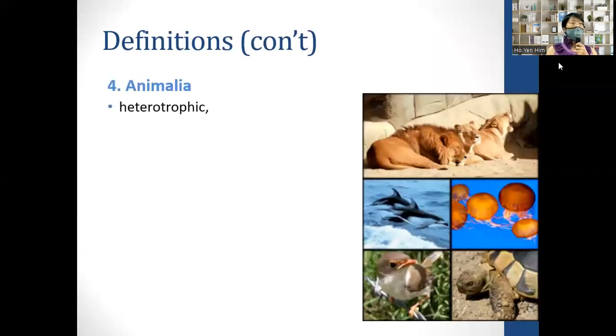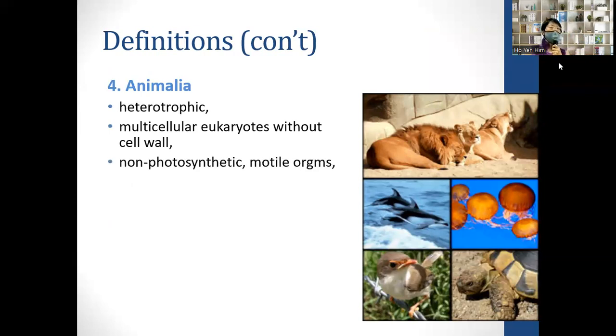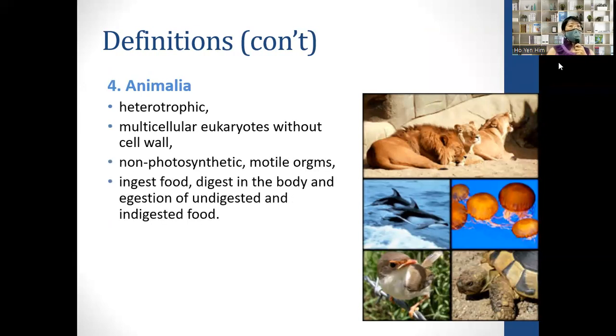Animalia, heterotrophic, multicellular eukaryotes without cell wall, non-photosynthetic, motile, so they can move. They ingest the food into their body and digest it inside the body, and egestion of undigested and indigestible food. What is the difference between undigested and indigested? What is indigestion?